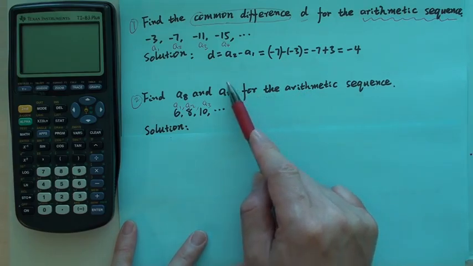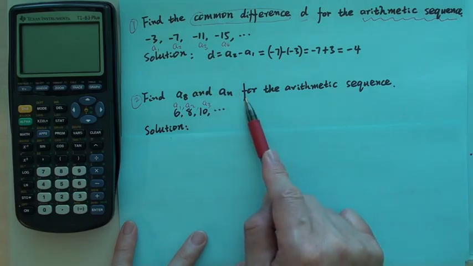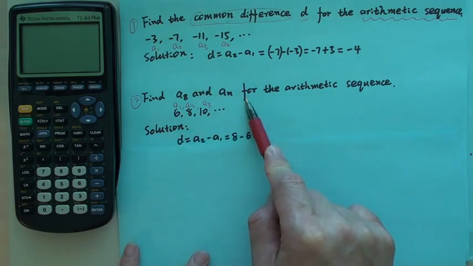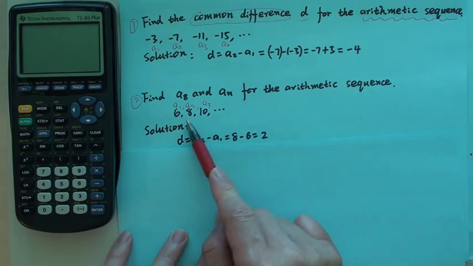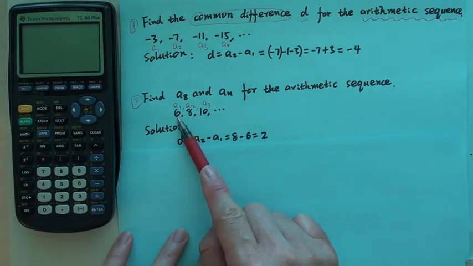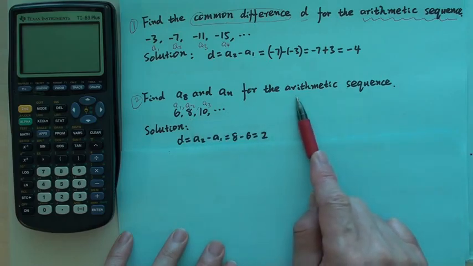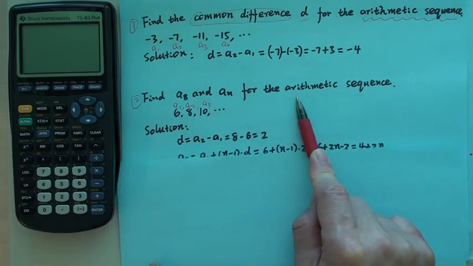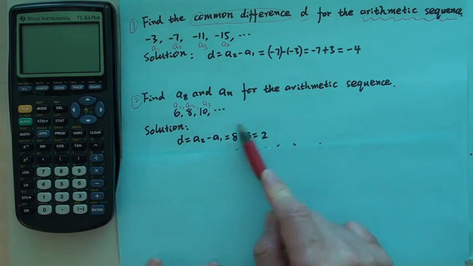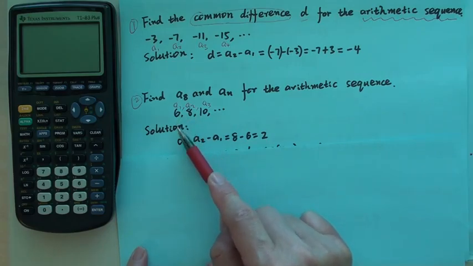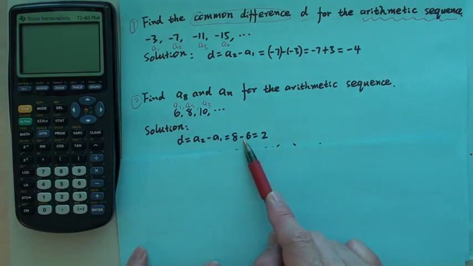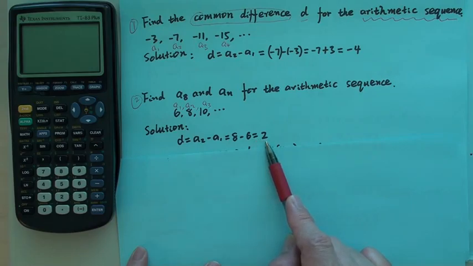The first thing is to find d. That's easy, because it's always the second term minus the first term, or the following term minus the previous term. So we have a2 minus a1, which is 8 minus 6, which is 2.